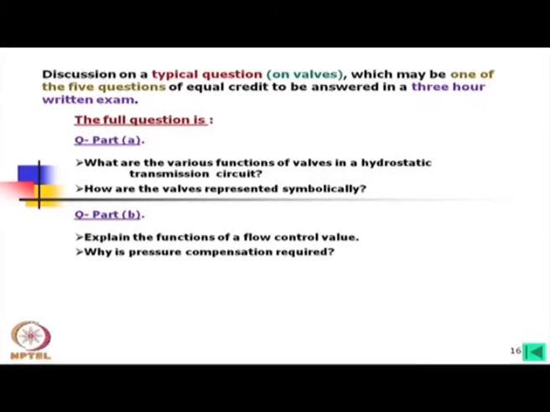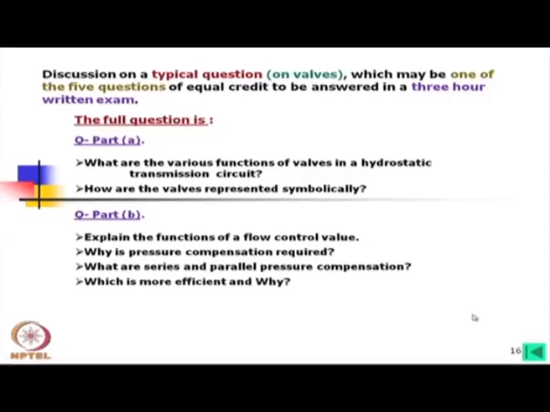Why is pressure compensation required? What are series and parallel compensations? And then which is more efficient and why?